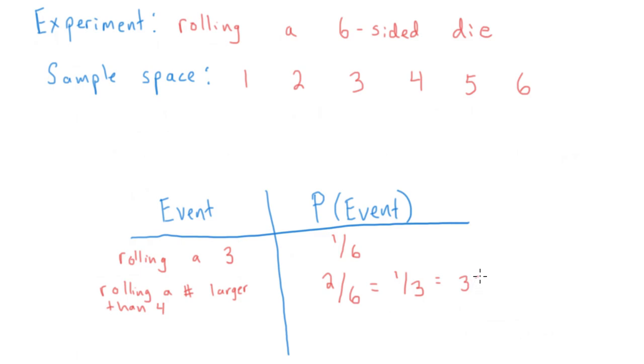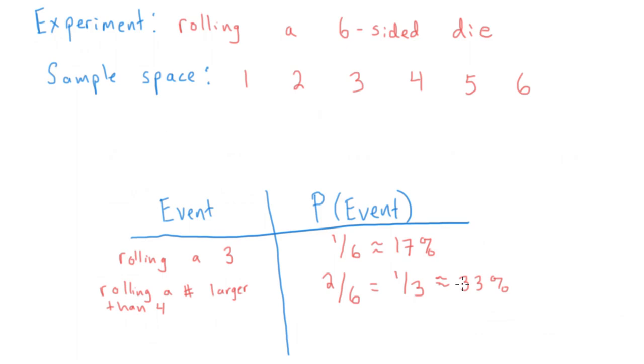Okay, and I guess I told you that a lot of times we'll want to write these as percentages. So 1/6 is about 17%. It's a little bit less than 17%. 1/3 is a little bit more than 33%. But there we go. Now we have a percentage, and somehow we know how to interpret the percentage.